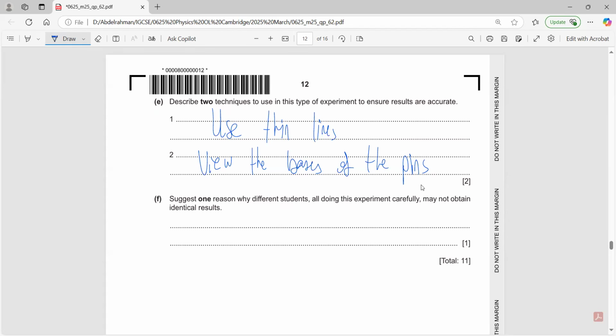One very famous problem would be that they are using thick lines, or the lines are too thick. That's why we had to use thin lines. This was one of the precautions that we have to state.